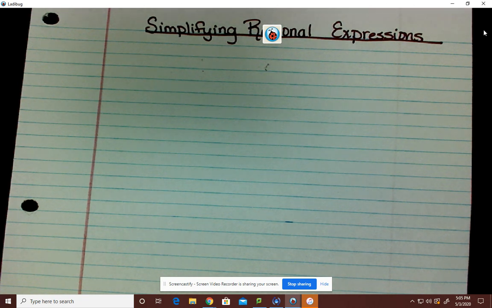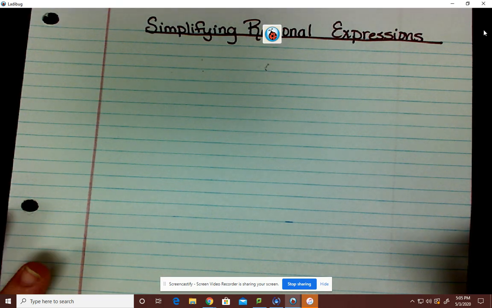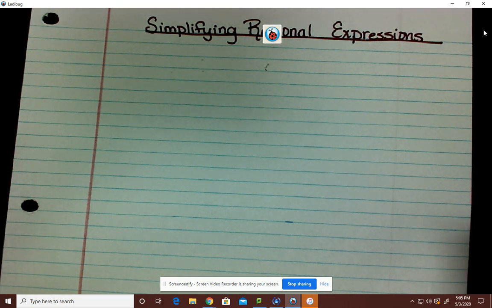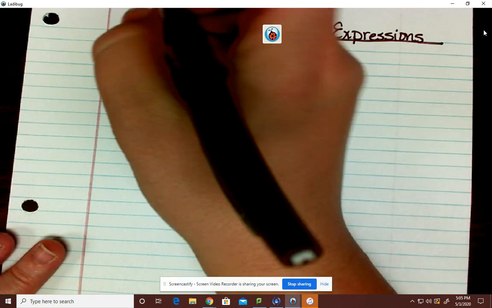So first of all, we're going to look at what is a rational expression today and how to simplify it, and then we'll look at some operations with rational expressions. So these are not equations. We're not solving for anything. We're just simplifying some expressions. So what is a rational expression?